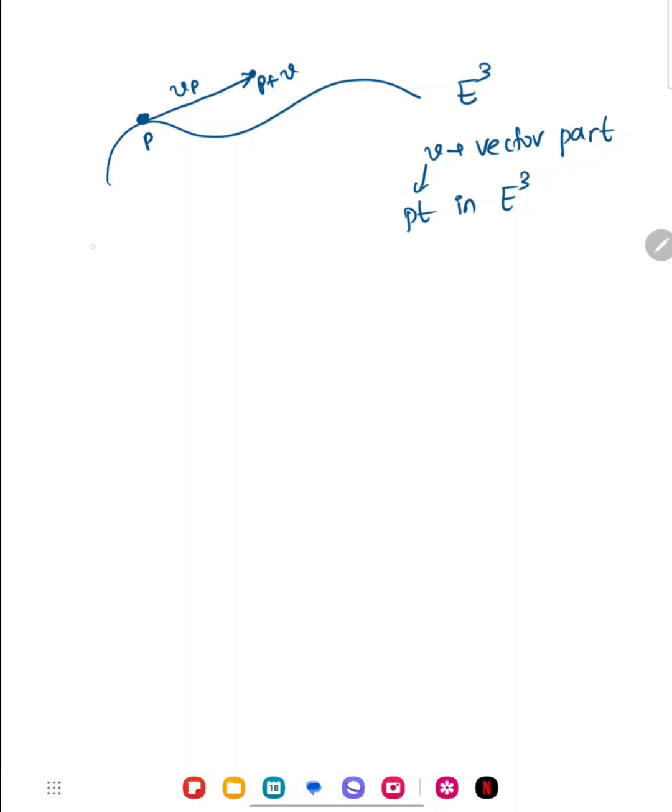So to know it well, consider an example. Suppose P is a point in E3 given by (1, 1, 3), and V is equal to (2, 3, 2).